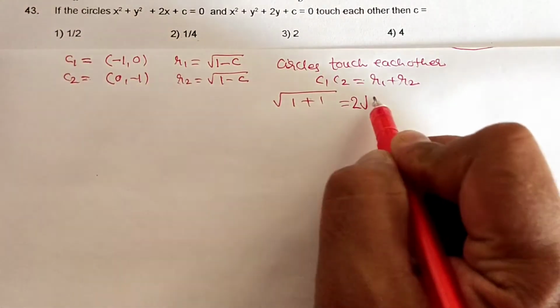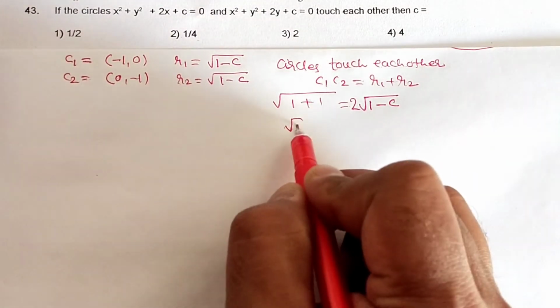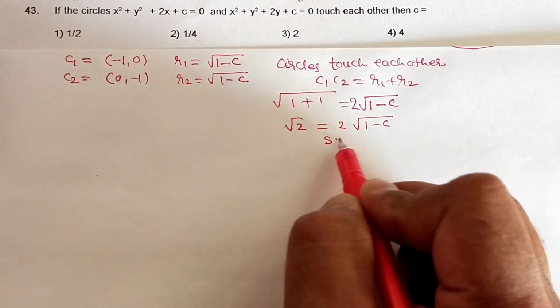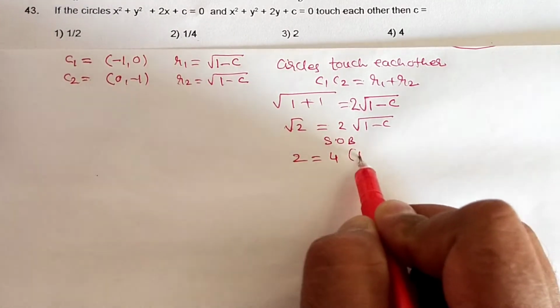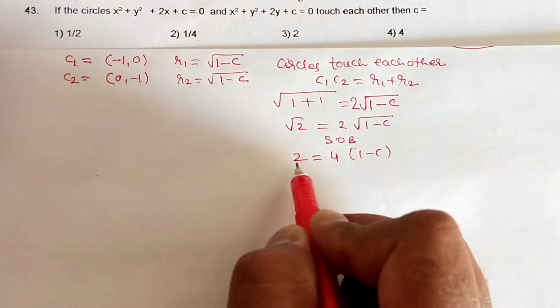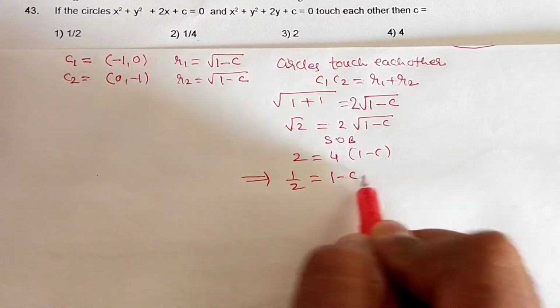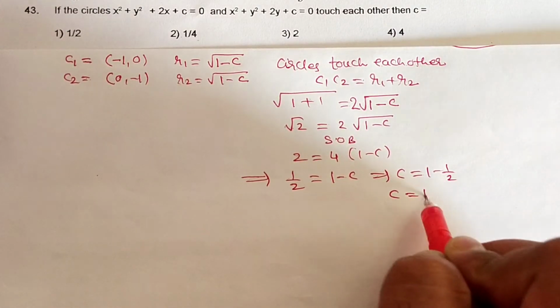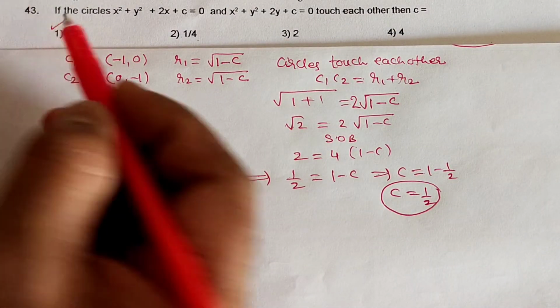So we can write it as 2 times root of 1 minus c. So root 2 is equal to 2 into root of 1 minus c. Squaring on both sides, 2 equal to 4 into 1 minus c. That implies 1 by 2, 2 ones are 2, twos are 1 minus c. That implies c is equal to 1 minus 1 by 2, c is equal to 1 by 2. So c is equal to 1 by 2, which is there in the first option.